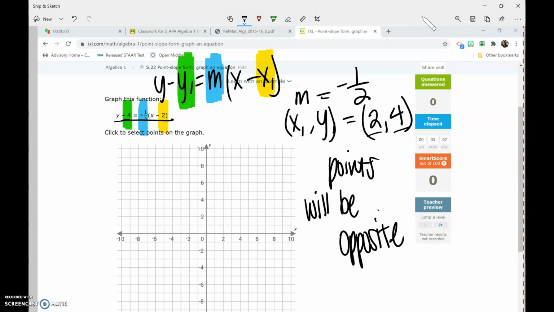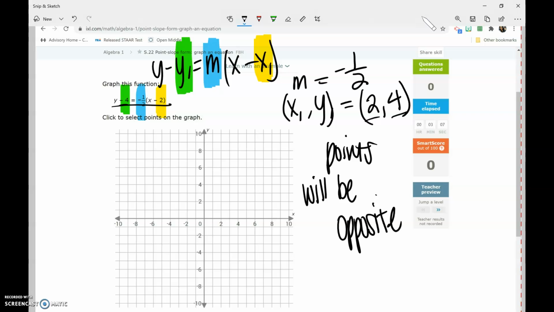The only difference here is instead of starting with our y-intercept or our b, we're going to be starting with this point that they gave us. So what's going to happen is I'm going to plot 2, 4. And then I'm still going to move with my slope. So this is my rise, this is my run. I'm going to go down 1 over 2 each time.